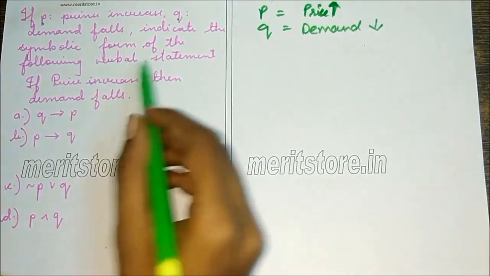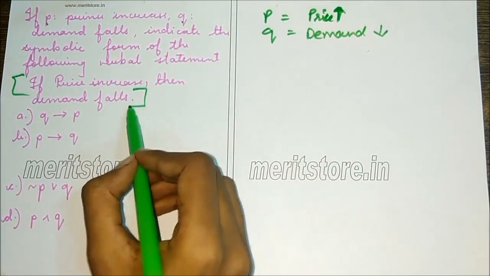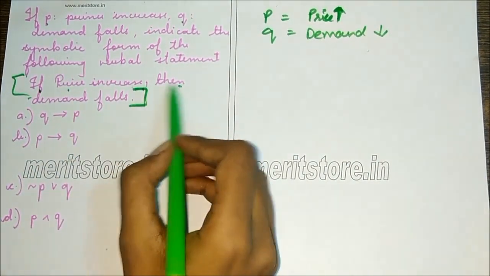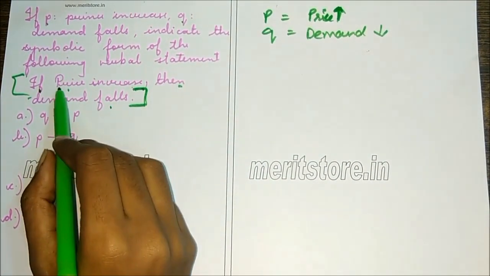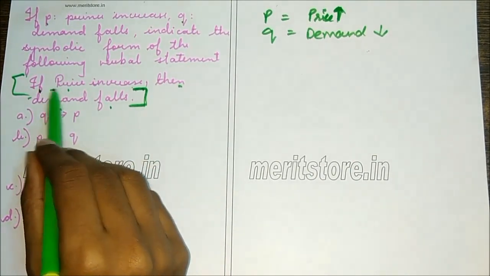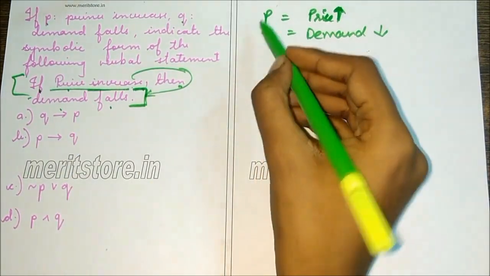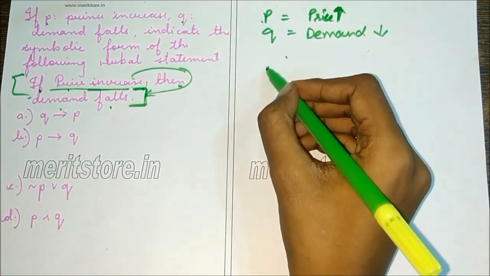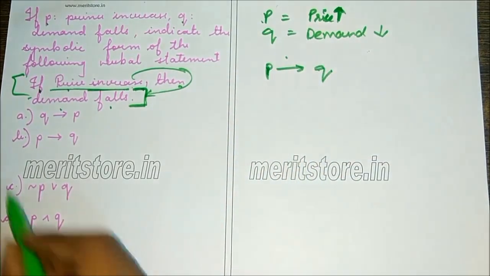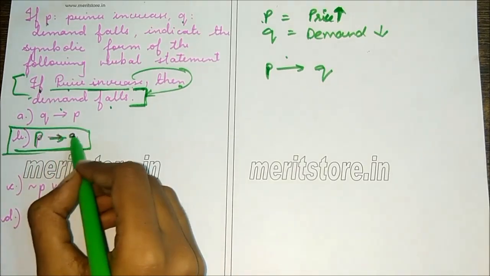So we have to find the symbolic form of the sentences which are given. The given sentence: if price increases, then demand falls. This is a conditional statement which says when price increases, this leads to fall in demand. So P leads to Q. So this can be written in symbolic form as P arrow Q, which is option B. So it is a condition where P leads to Q.